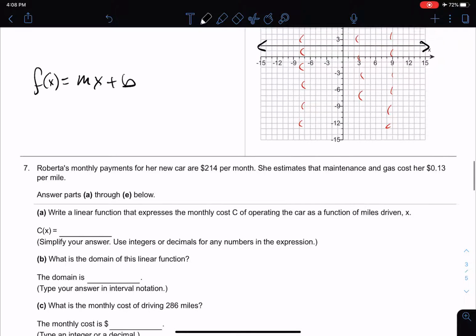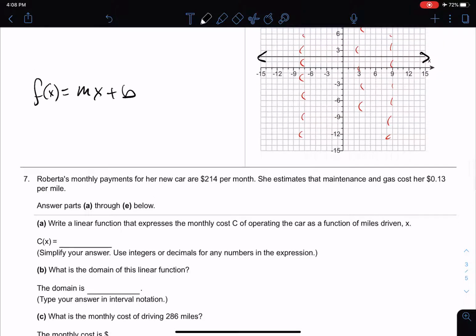Now we just did a bunch of these, and we said that we started with the y-intercept. We said this value is the y-intercept, and this value is the slope. That's still true.